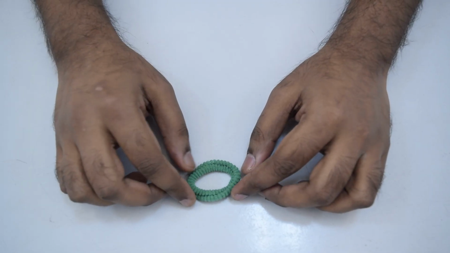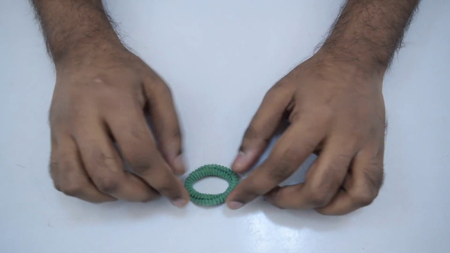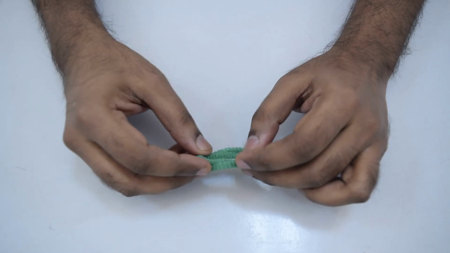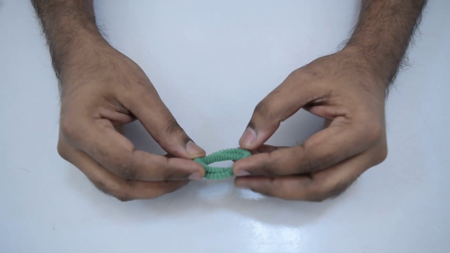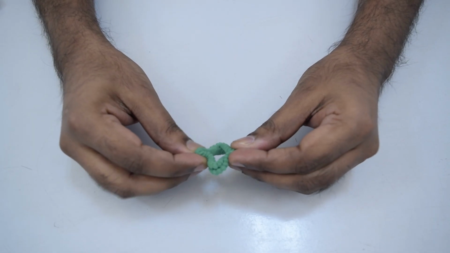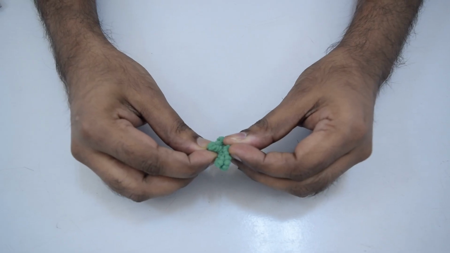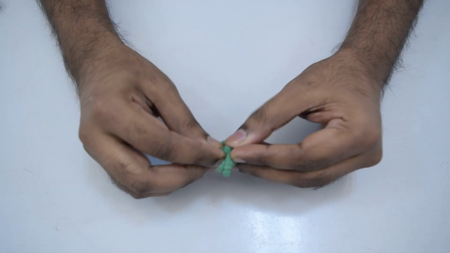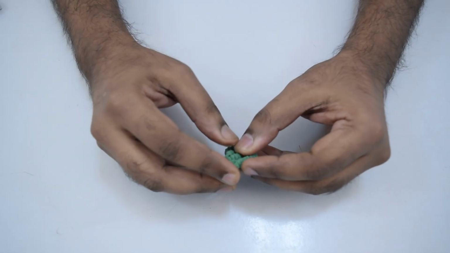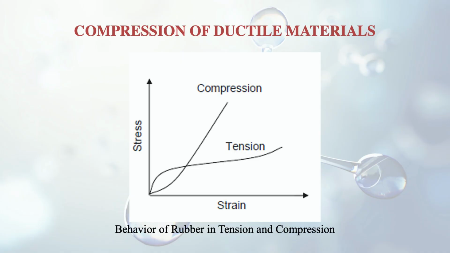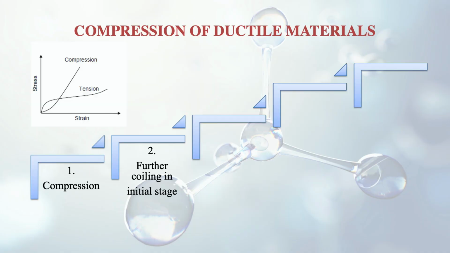Okay, I am giving you a demo about this rubber band, how it is acting upon application of the compressive stress or compressive load. See, I am pushing it like this. What is happening? It is coiling up, like it was said earlier in the lecture. In compression, further coiling in initial stage will happen, and then after this coiling, what will happen?